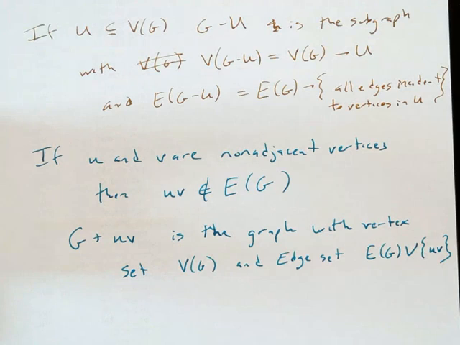So I can add another edge to a graph if I want to, literally adding the edge UV. The only thing I change is the edge set, the vertex set stays the same.